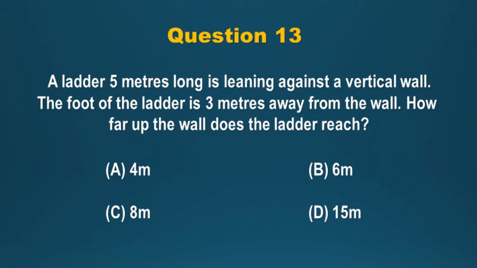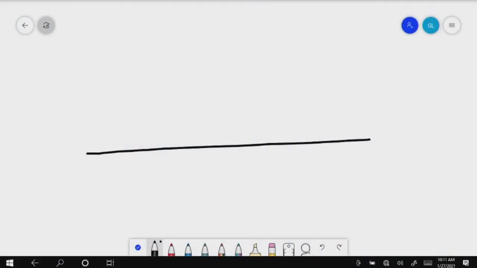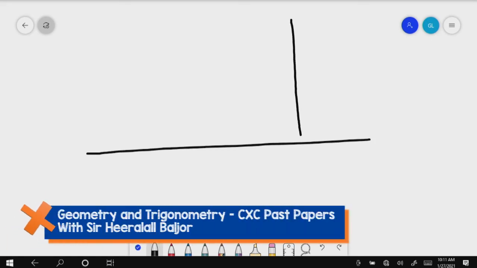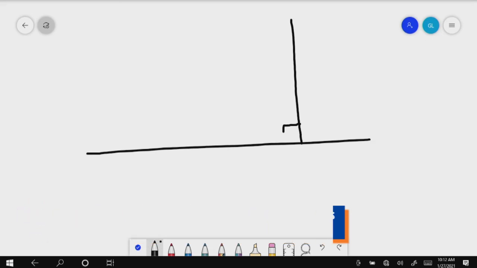Now, in representing this question, this is what they said. We have the ground, which is horizontal in nature, and we have a vertical wall. The vertical wall towards the ground would make an angle of 90 degrees. Horizontal, vertical, where the two of them meet, the angle formed is 90 degrees.